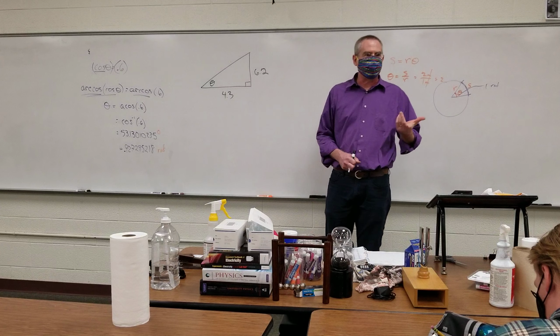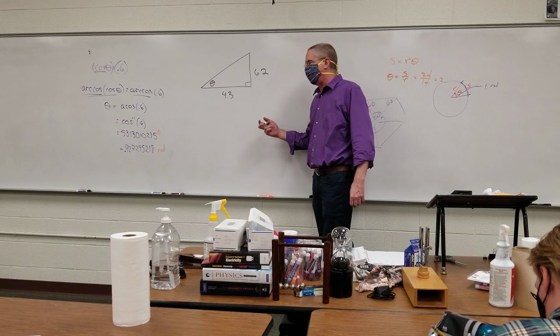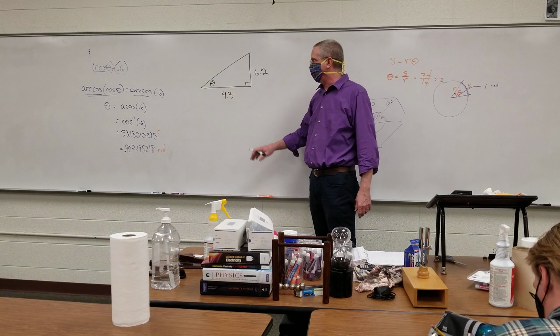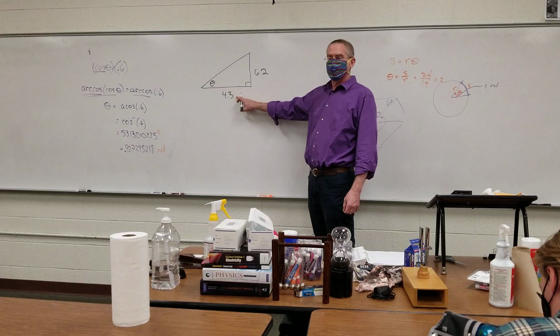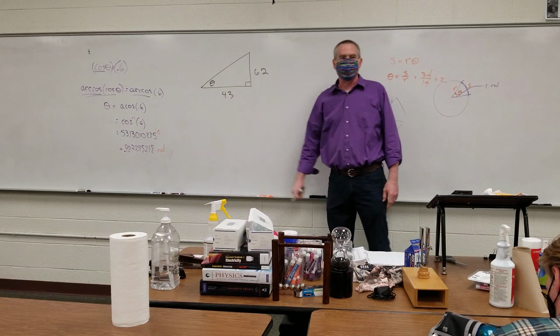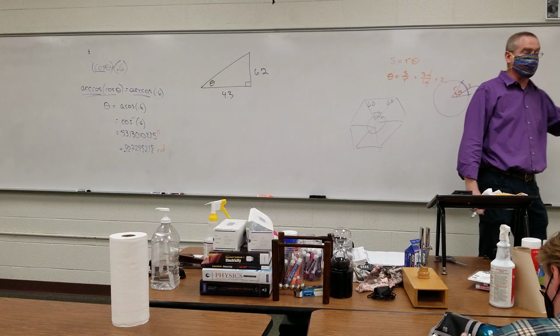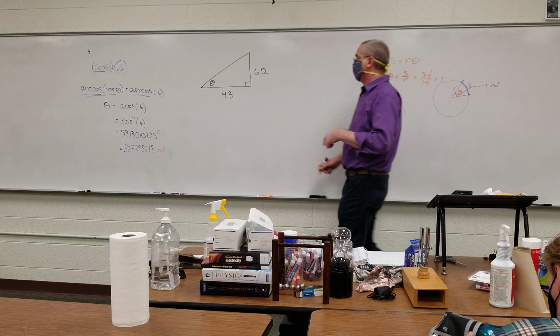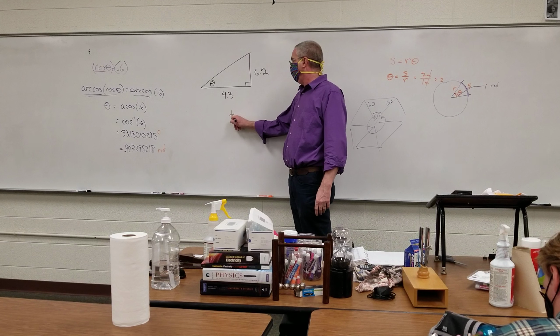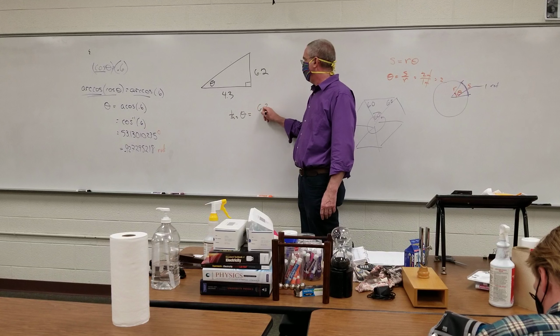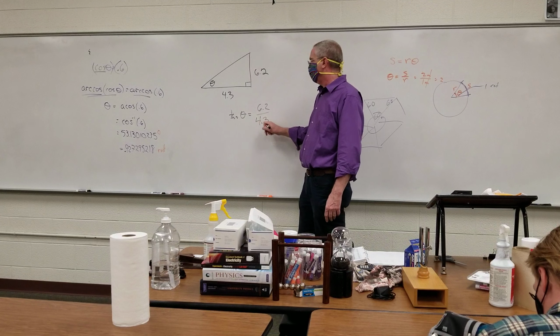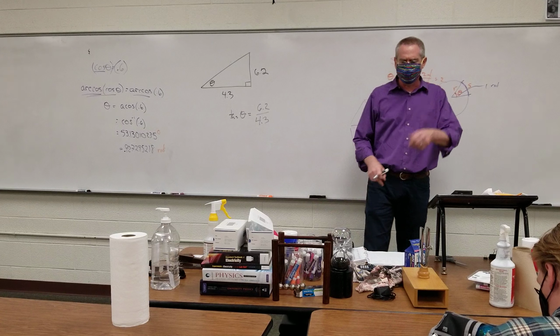I'm going to do two approaches here. First approach is just straight up. All I'm going to do is find this angle here. I'm given the opposite and the adjacent. I'm not given the hypotenuse, so sine and cosine I can't do without doing something else first. So I'm going to go straight to tangent. The tangent of the angle is the opposite side over the adjacent, which I believe is 1.4 something.